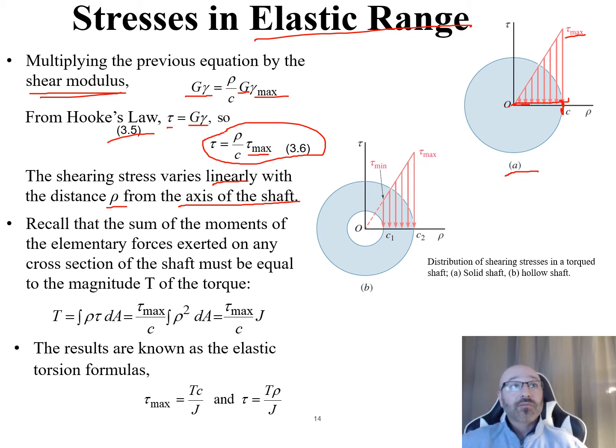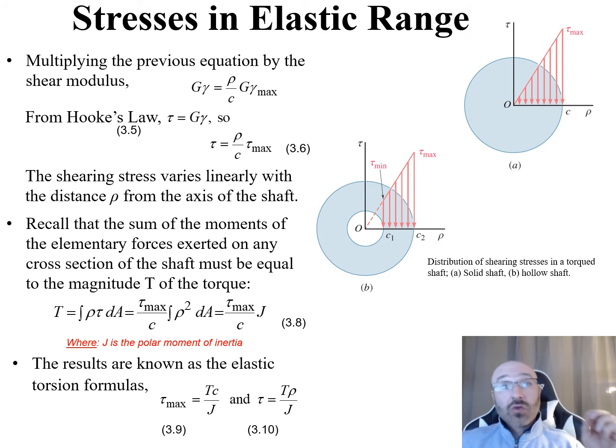Next, we want to recall that the sum of the moments of the elementary forces exerted on any cross section of the shaft must be equal to the magnitude T of the torque. We can reference back to equation 3.1 at the beginning of this chapter for our torque relationship. We have the torque is equal to the integral of rho times tau dA.